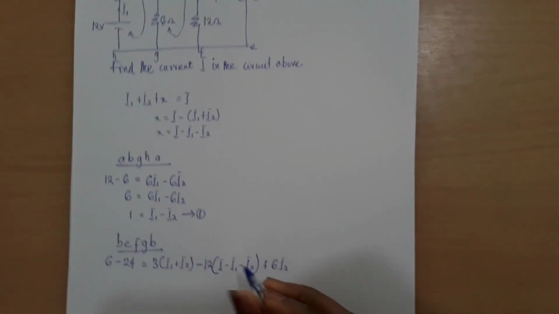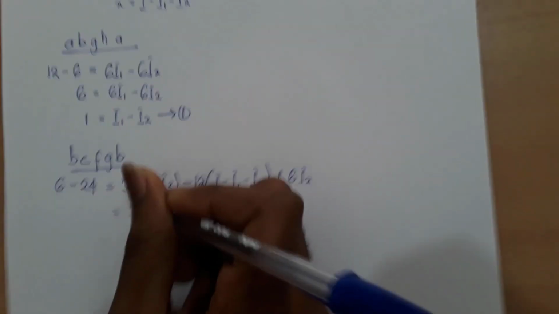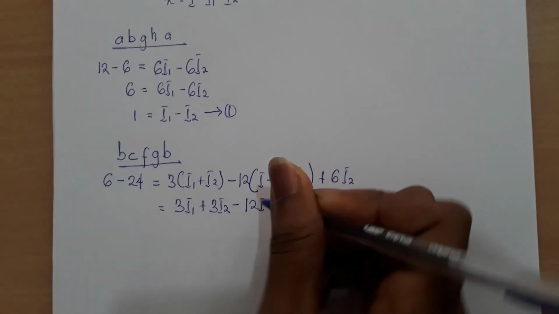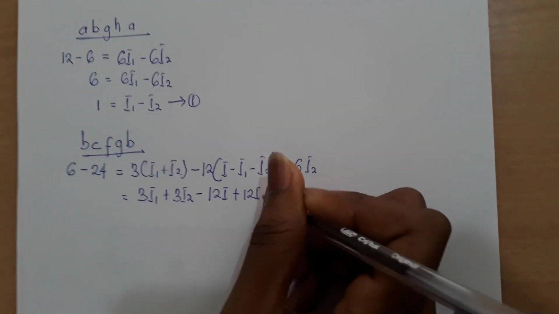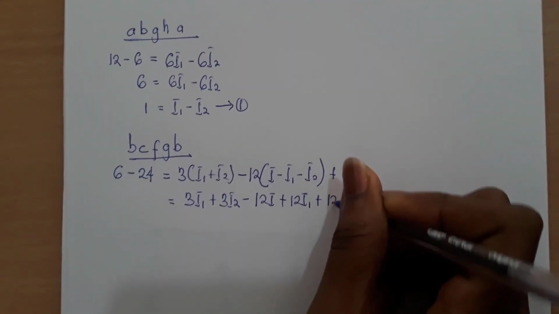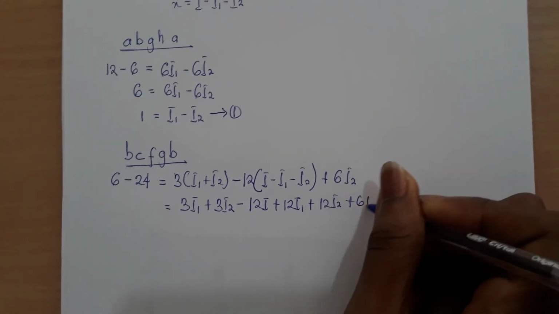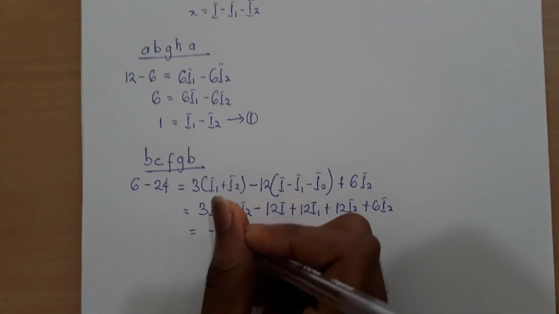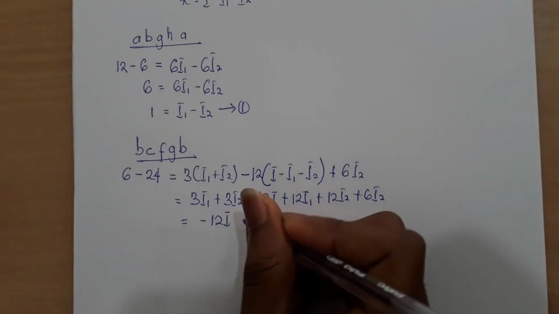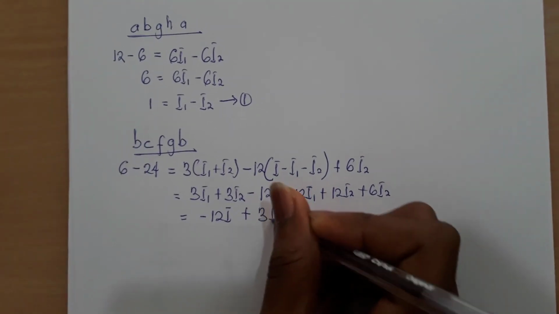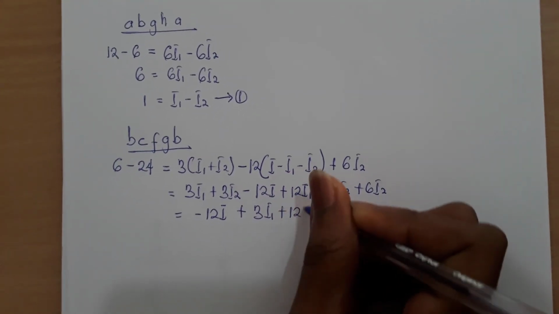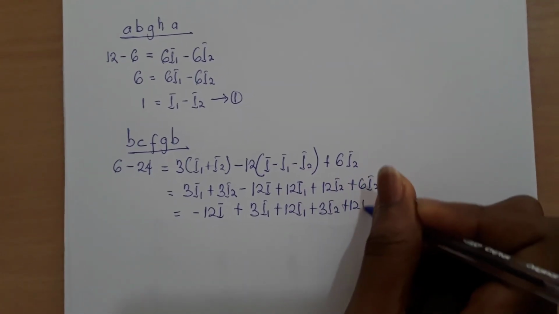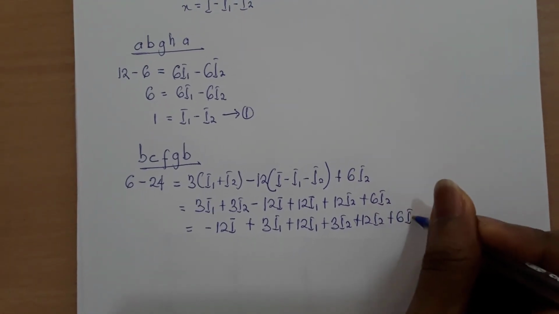Let's expand this equation and further simplify it. We have 3I1 plus 3I2 minus 12I plus 12I1 plus 12I2 plus 6I2. Let's group like terms. We have minus 12I plus 3I1 plus 12I1 plus 3I2 plus 12I2 plus 6I2.